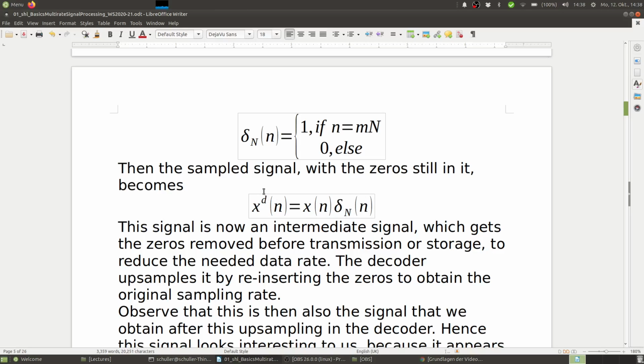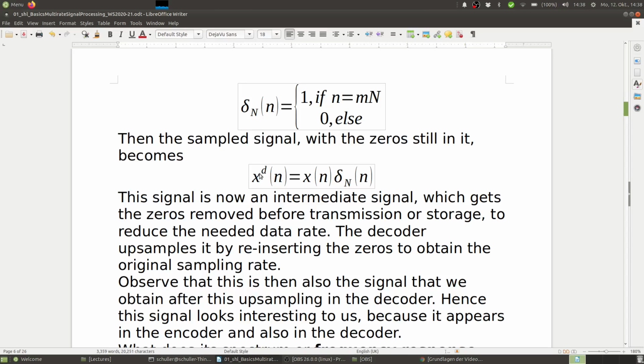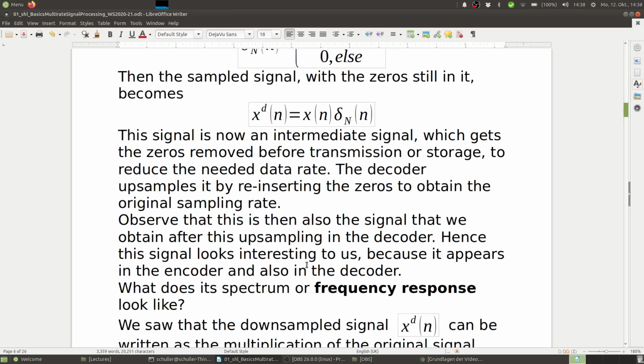Right? So this has all the unwanted samples zeroed out, but still has the same sampling rate because the zeros are still there. So this signal is now an intermediate signal which gets the zeros removed before transmission or storage to reduce the needed data rate. So the zeros don't really carry any information. The decoder upsamples it by reinserting the zeros to obtain the original sampling rate, which is easy enough if the decoder knows the original sampling rate.